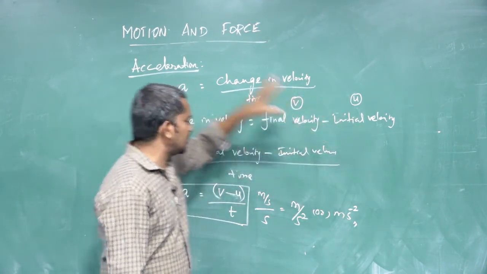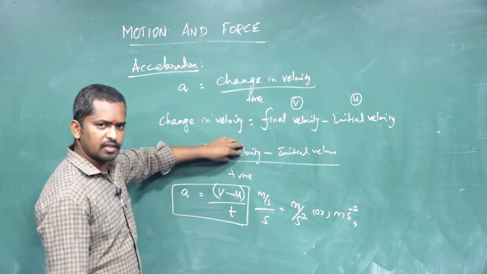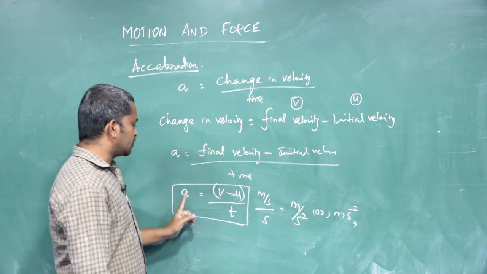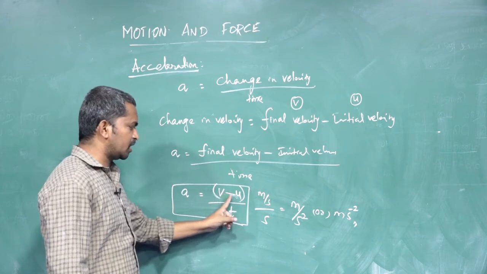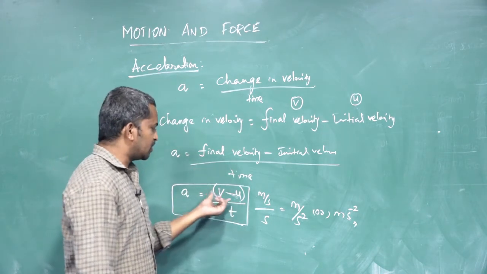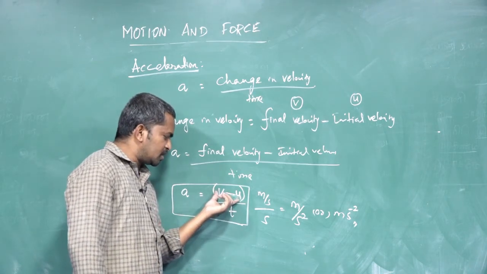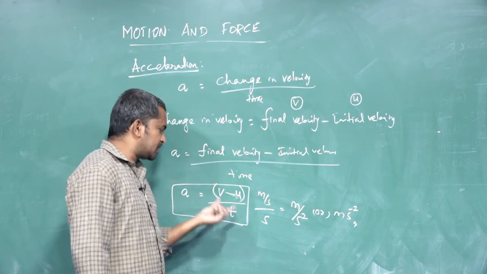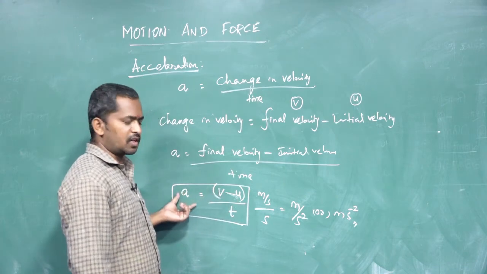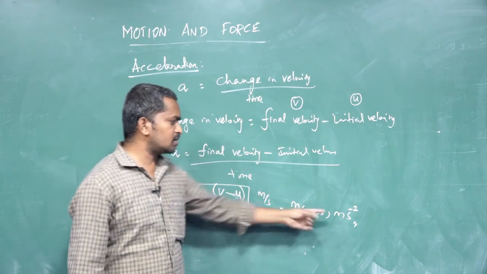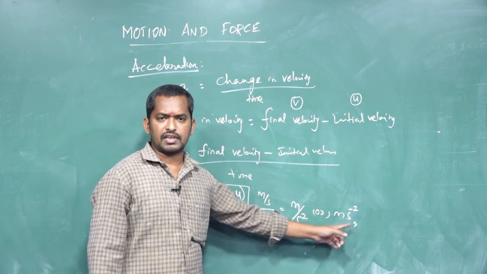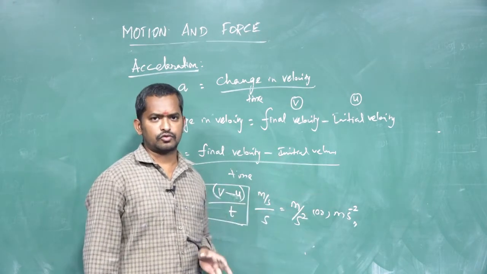A is equal to V minus U divided by T, where V minus U is the change in velocity.